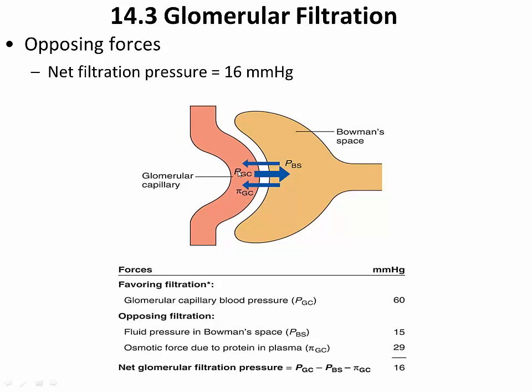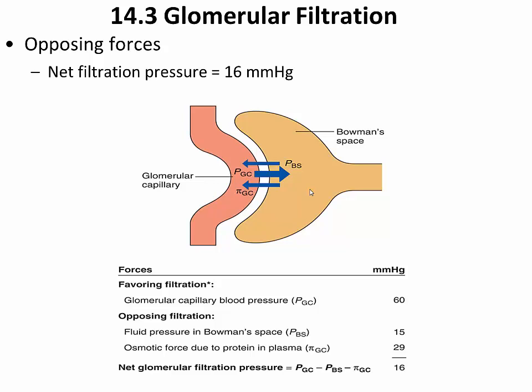And so we see the glomerular capillary blood pressure here at about 60 millimeters of mercury. And so that, of course, is forcing portions of the plasma out through these fairly leaky capillaries. And this is the ultrafiltrate that is constantly leaving the blood there in the kidneys.